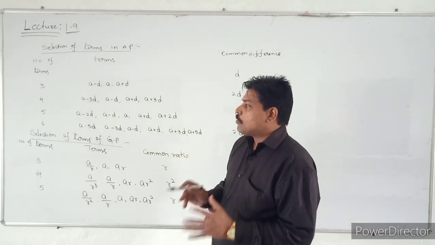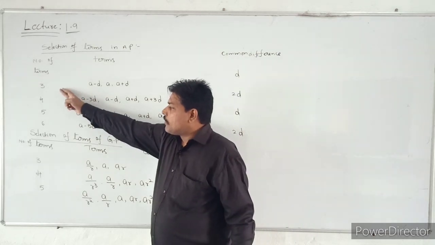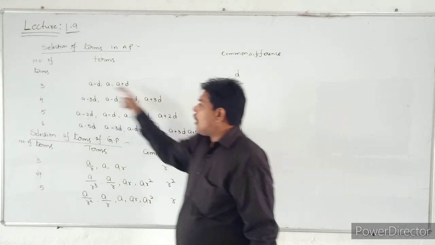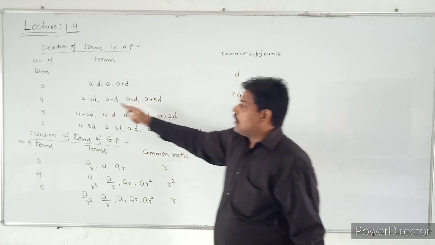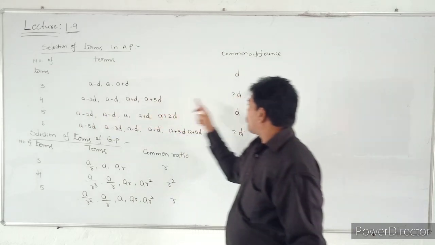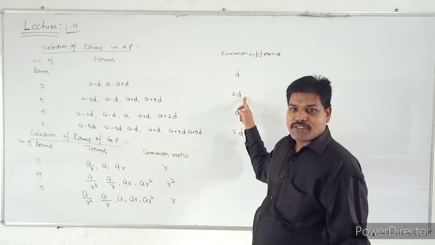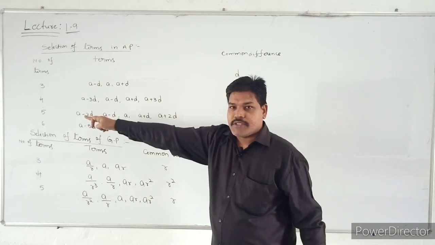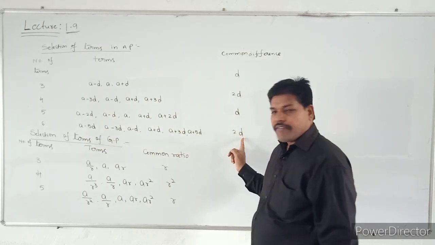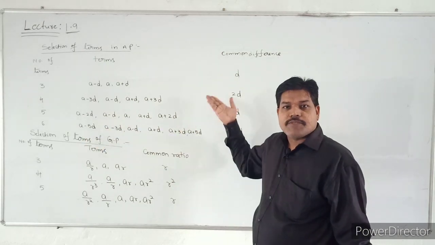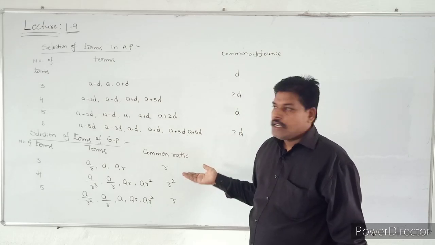You have to observe this: if the number of terms is odd, the common difference is d. If n is 4, the common difference is 2d. If n is equal to 5, the common difference is d. If n is equal to 6, it is even, so the common difference you have to take as 2d. In this manner you can take any number of terms.